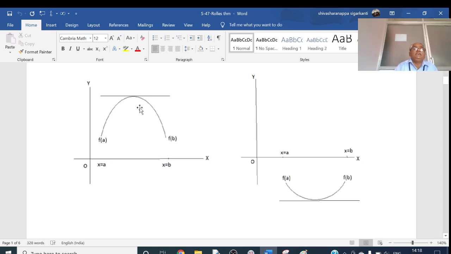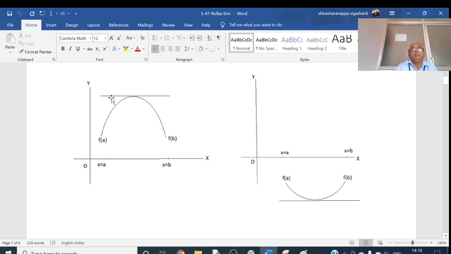Then, see here there is a point. At this point, we can draw a tangent to the curve which is parallel to the x-axis. What is the meaning of the differentiation of f(x) with respect to x at a point, say x = a? It is nothing but the slope of the tangent drawn to the curve at that point.